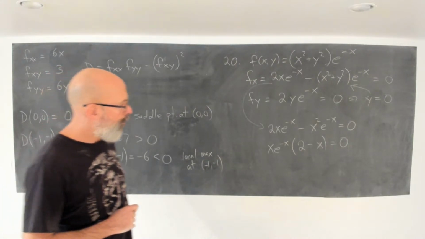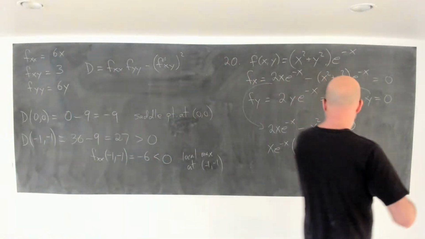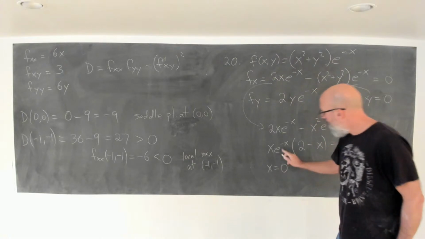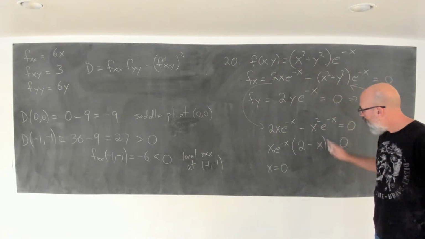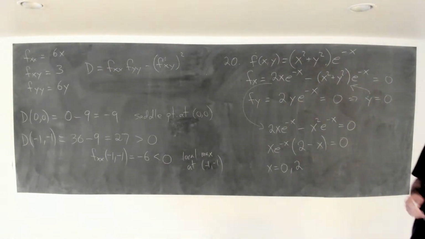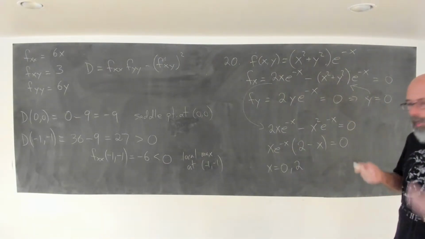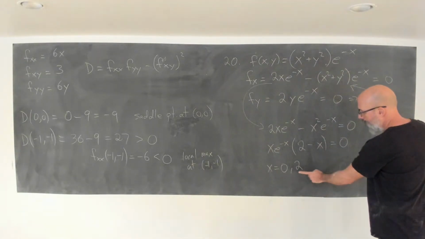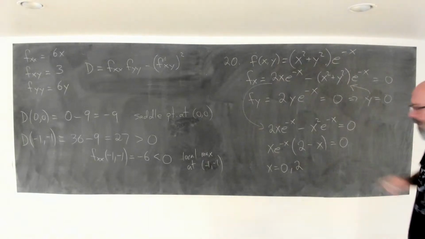So we have a product equal to 0, so at least one of the factors has to be 0. Either x is 0, the exponential is never 0, and if this is 0, then x has to be 2. So we have 2 critical points, 0, 0 and 2, 0.